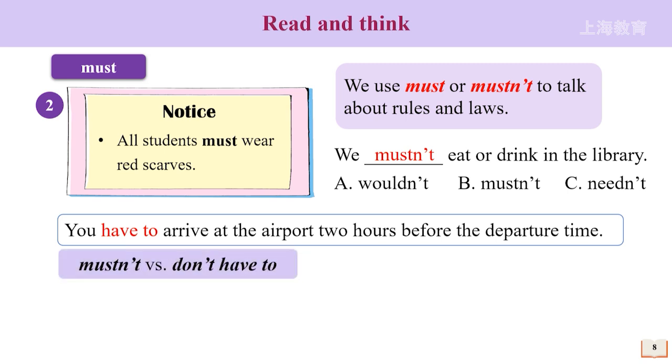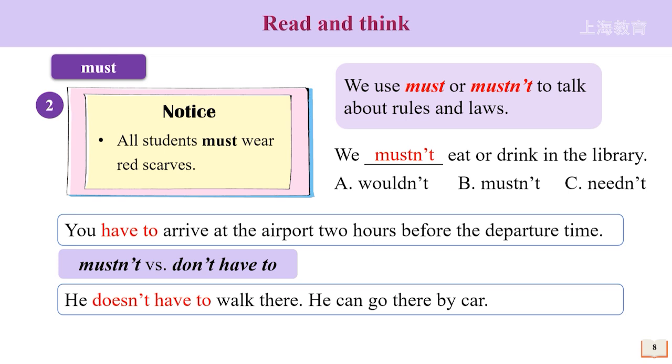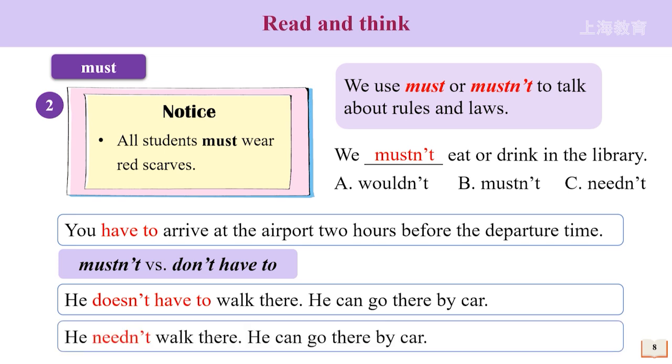Mustn't and don't have to have different meanings. 我们用 don't have to 来表述某事并非强制的，而 mustn't 则用以表示某事是法律或法规规定不允许做的。For example, he doesn't have to walk there. He can go there by car. We can also say, he needn't walk there. He can go there by car.